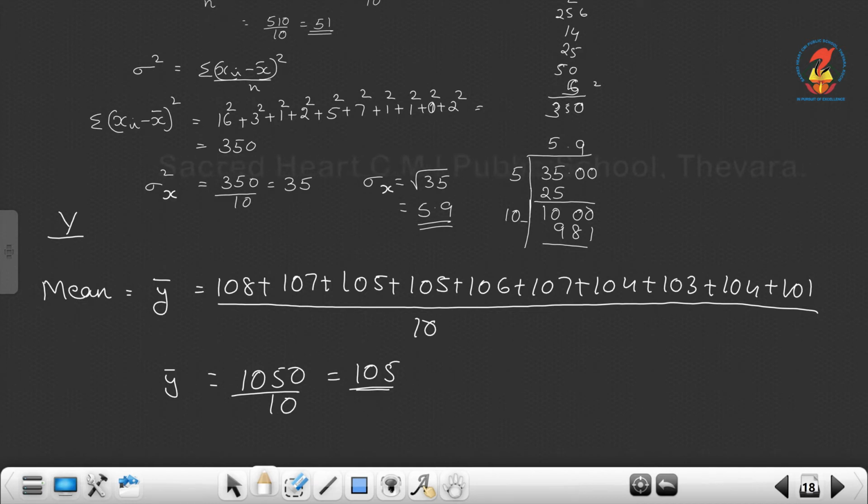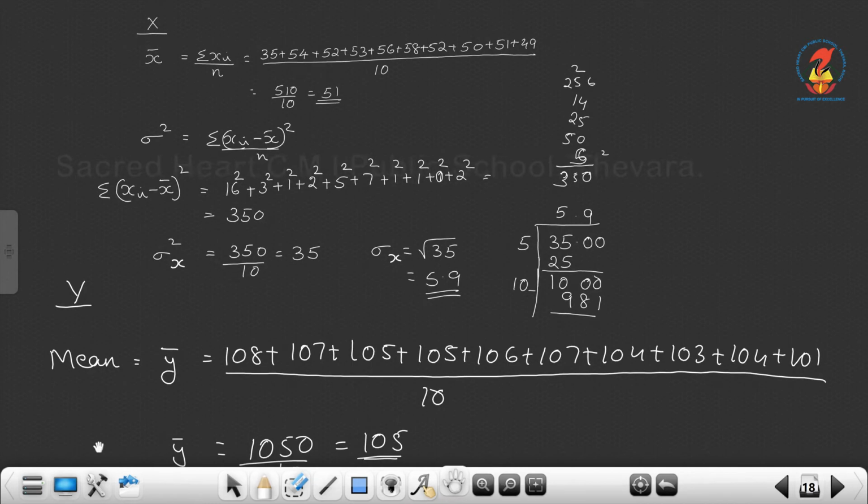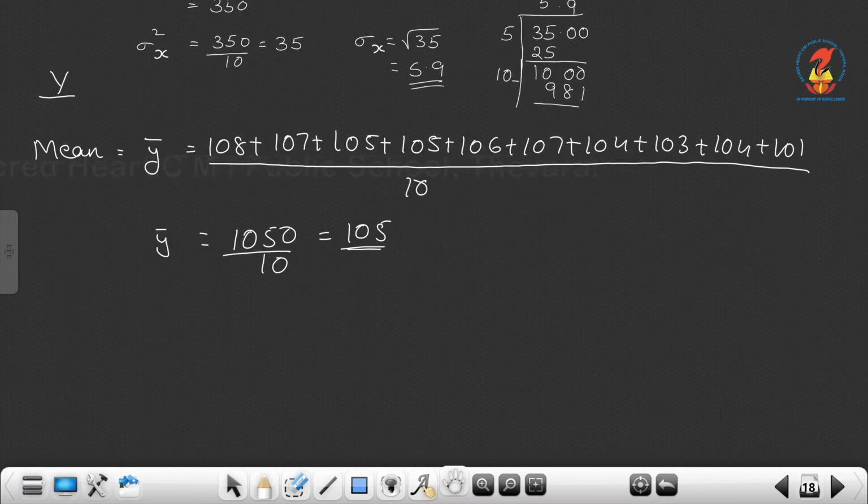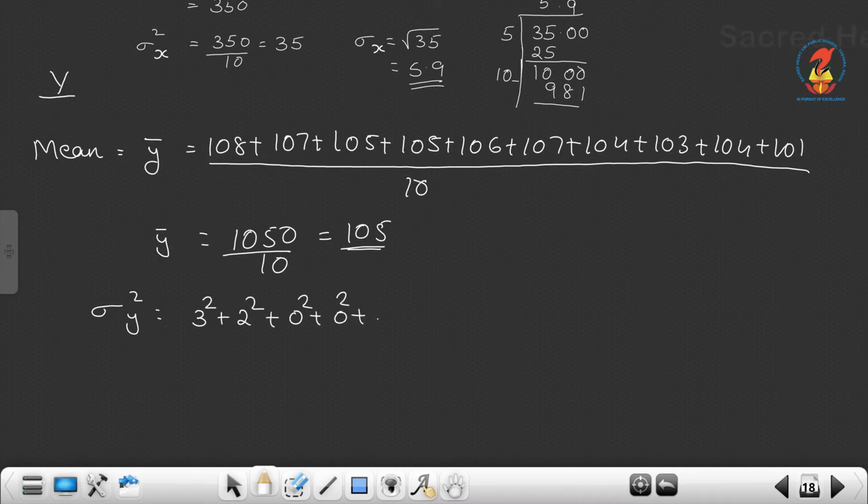So here the mean for y is 105, and for x it is 51. Now for variance, sigma y square, find the deviations. 108 and 105, the difference is 3, so 3 square, then 2 square, 0 square, 0 square, 1 square, 2 square, 1 square, 2 square, 1 square, then 4 square.